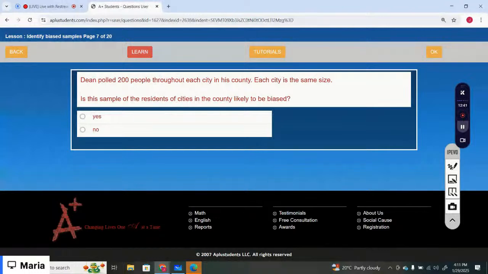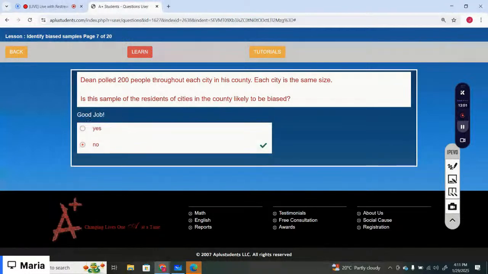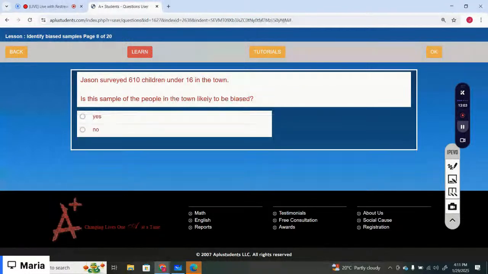Each city is the same size, and 200 people throughout each city in the country. I think that is a random sample, not biased. Yes, that is a random sample, not biased.